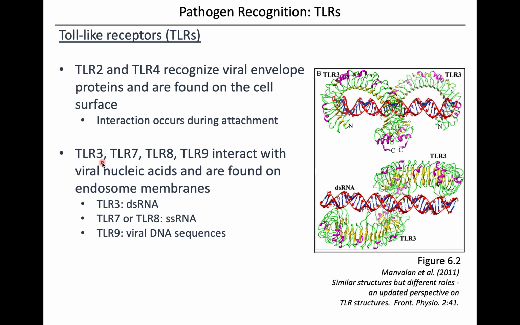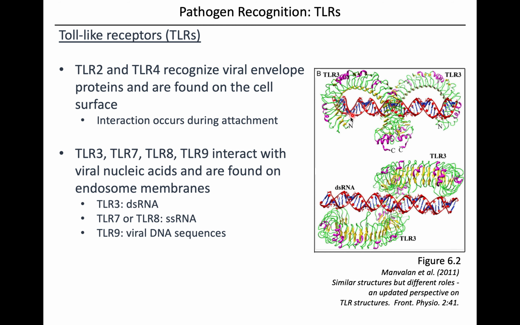Whereas the TLRs 3, 7, 8, and 9, as I said, are in the endosome, which is oftentimes where uncoating might be happening. So they are more often than not going to recognize nucleic acid, double-stranded RNA, single-stranded RNA, even viral DNA sequences. So different specific TLRs are sort of specialized for different types of nucleic acid.